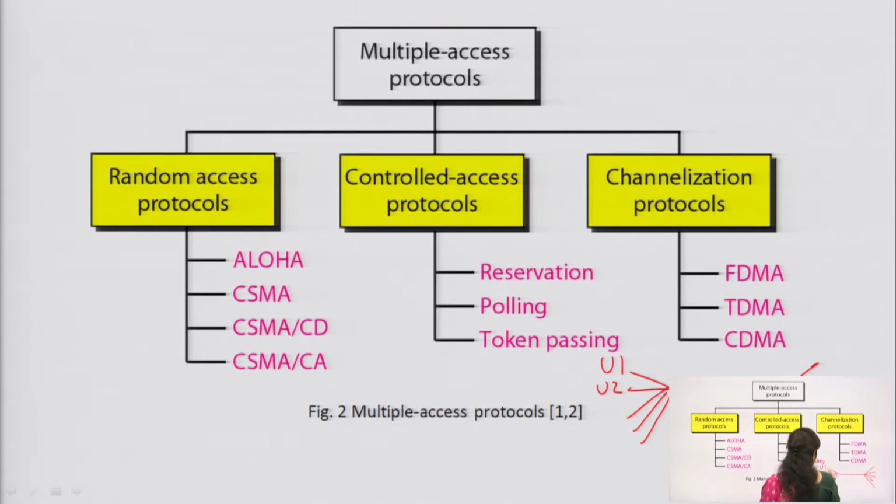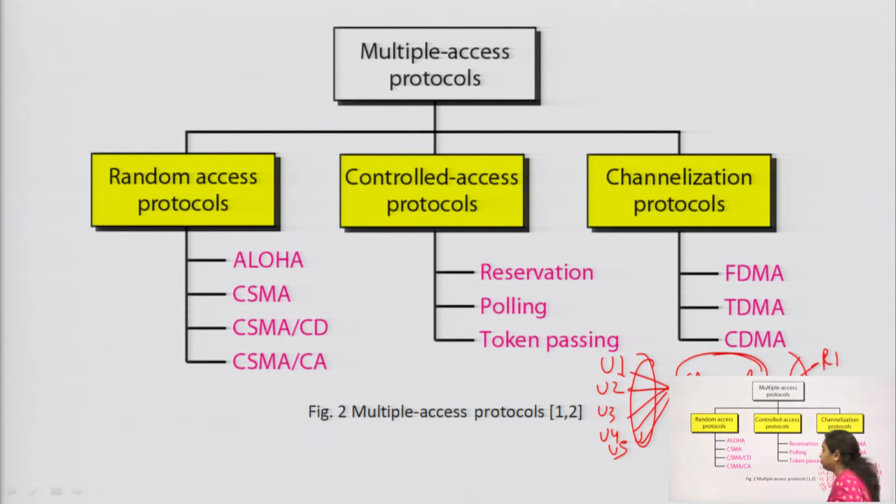This is user 1, user 2, user 3, 4 and 5, and this is receiver 1, receiver 2, receiver 3, receiver 4 and receiver 5, and this is the common channel being used. This channel is responsible for accommodating the data of the 5 users and delivering that data to 5 different receivers.